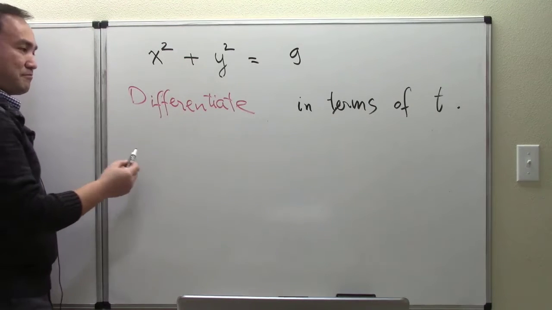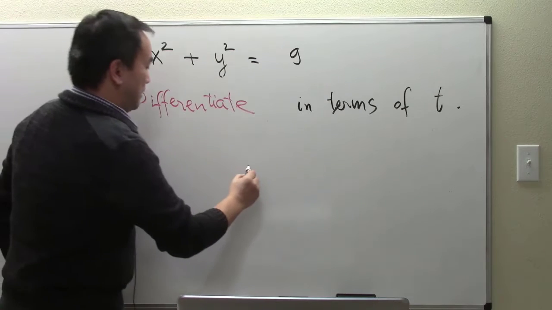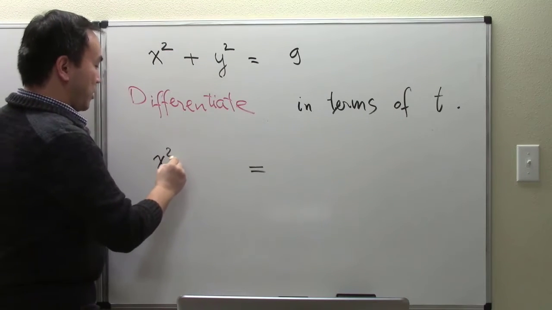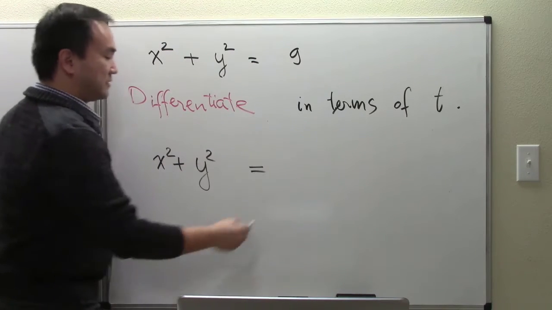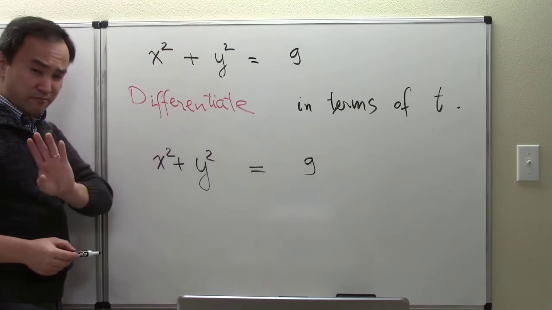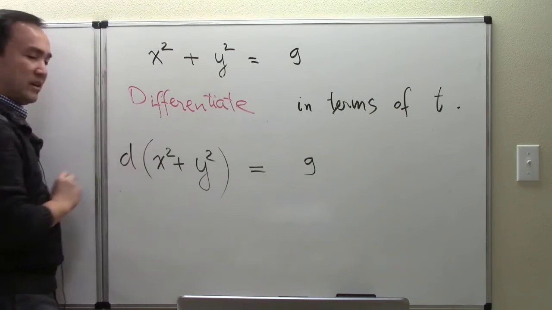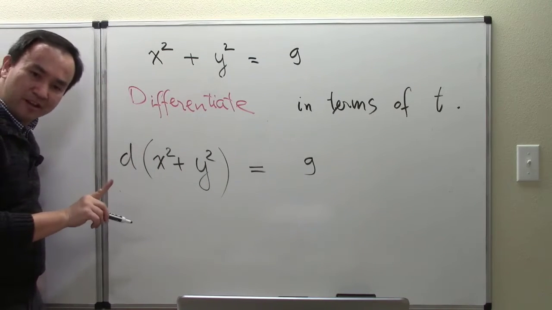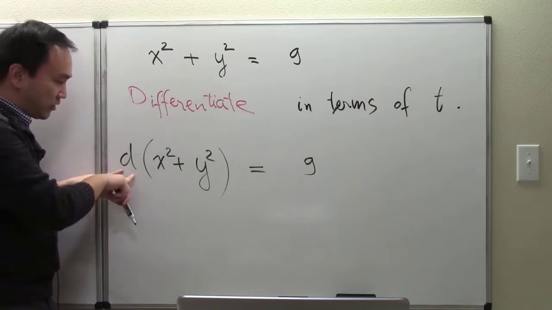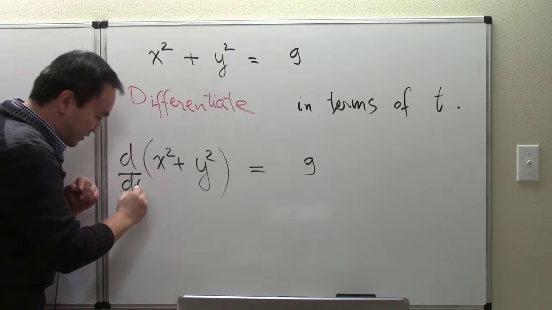Now, differentiate means, well, right from our equation being x squared plus y squared equals 9, at least this term I wrote in red has a tremendous importance. Take the derivative. That's the d operator. That's what the d operator is for. Take the derivative of the whole thing in terms of t.